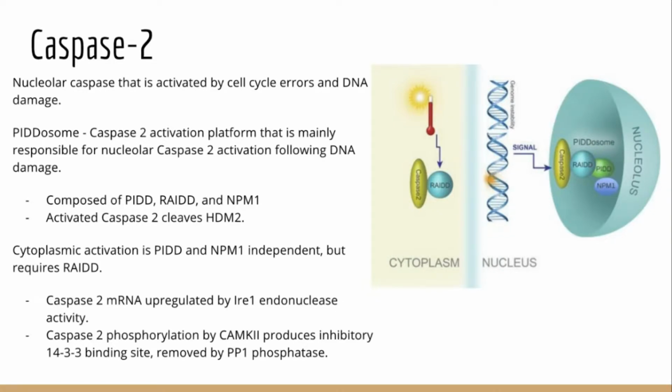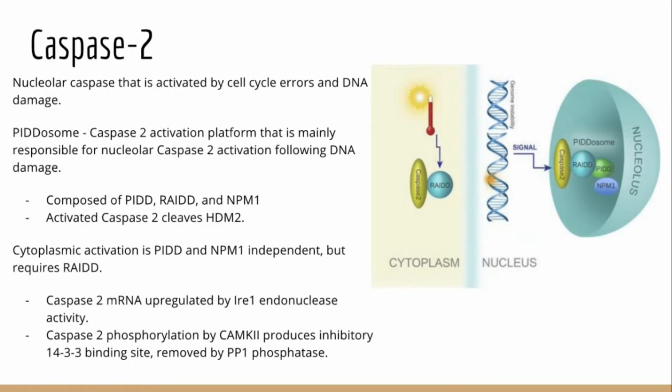A recent paper by Fava et al. discovered that caspase-2 is actually responding to errors in the cell cycle. More specifically, they found that centrosome duplication was the primary activator of caspase-2, and thus some researchers believe caspase-2 is not just responding to DNA damage, but rather to cell cycle instability that could result from DNA damage.